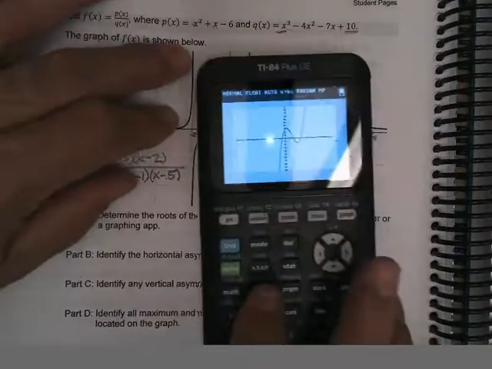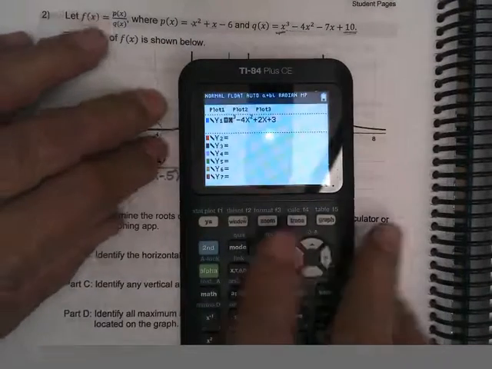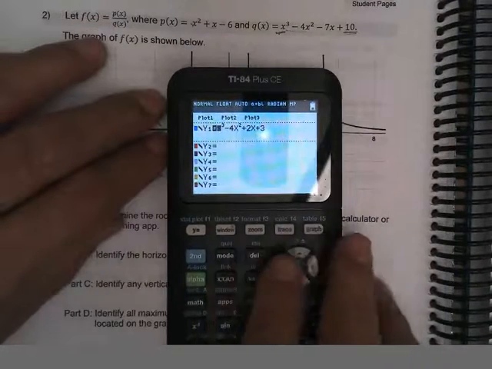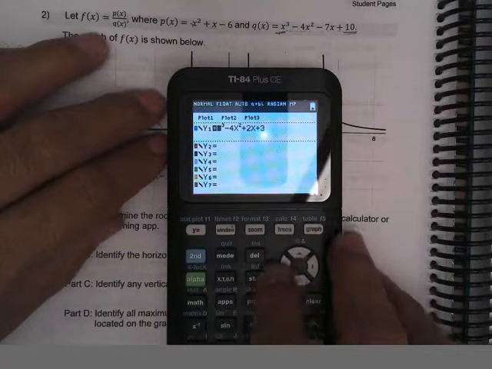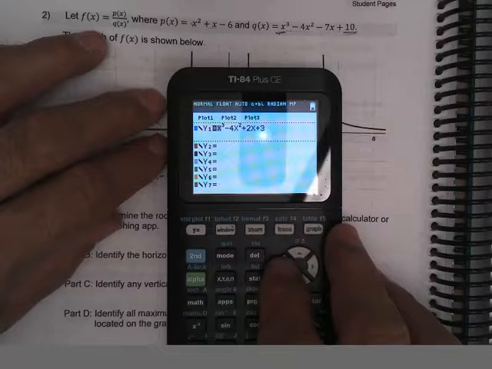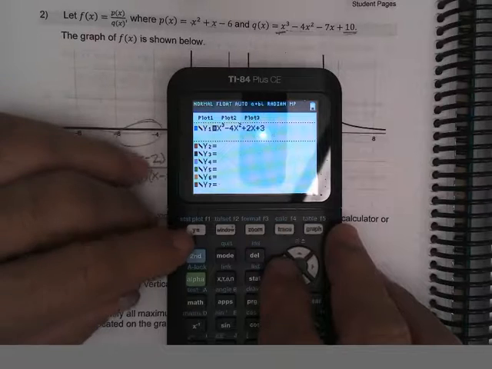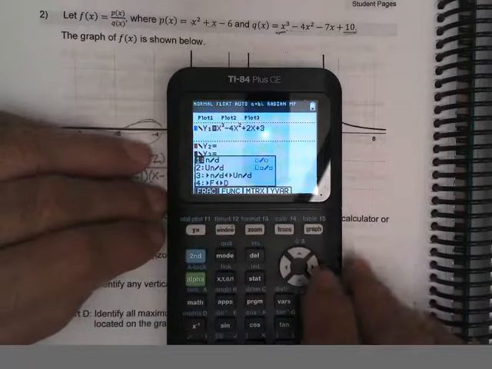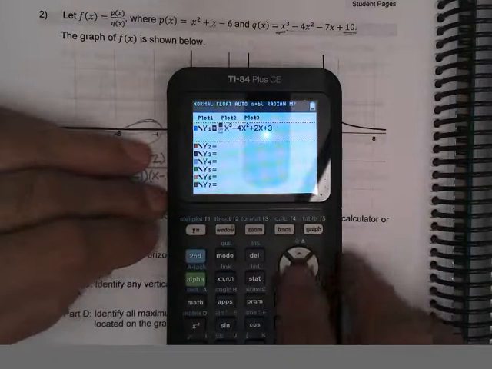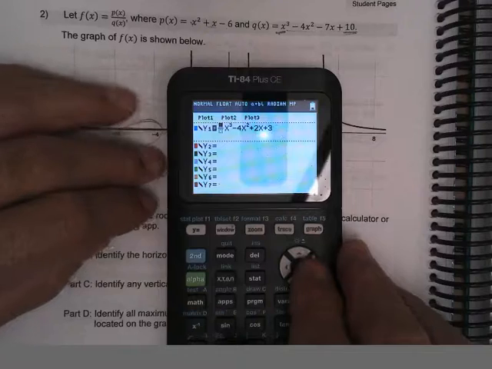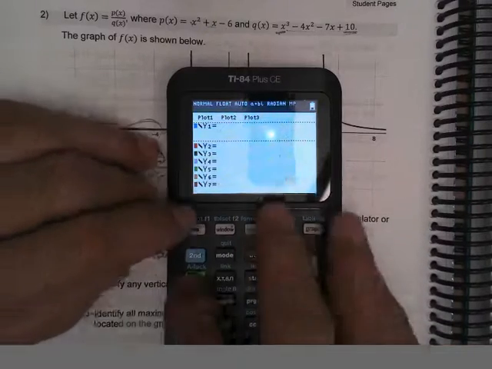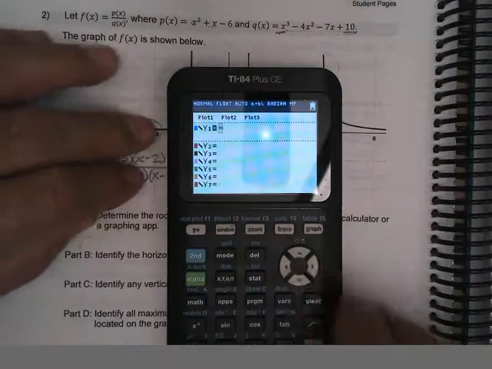Let's see if I can do this on the calculator. Okay, didn't work. Okay, clear, so we're going to go alpha, make it a fraction.